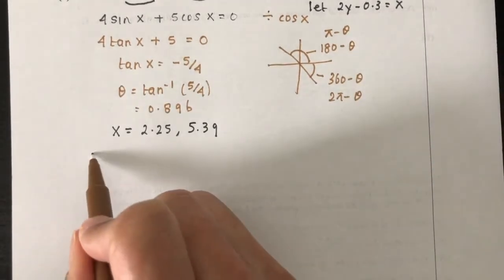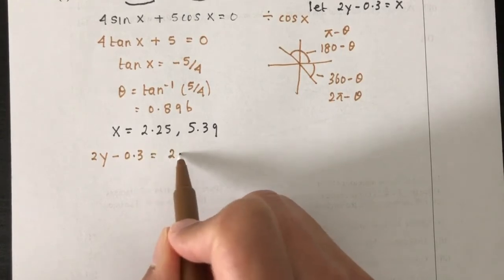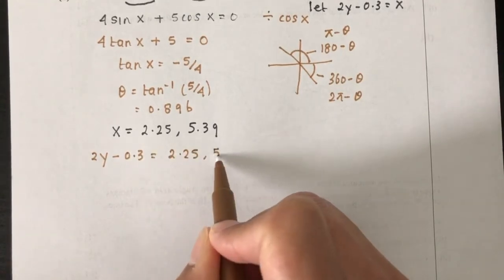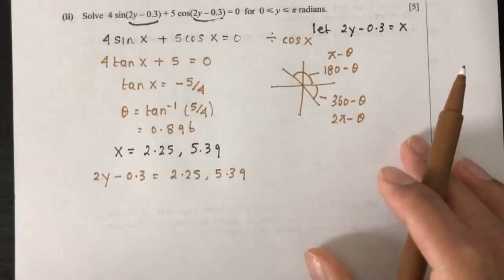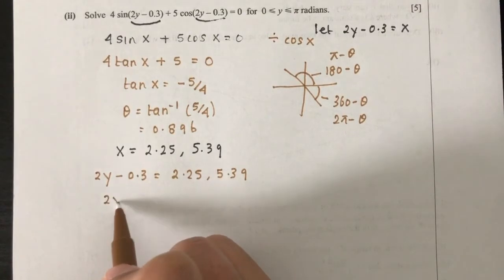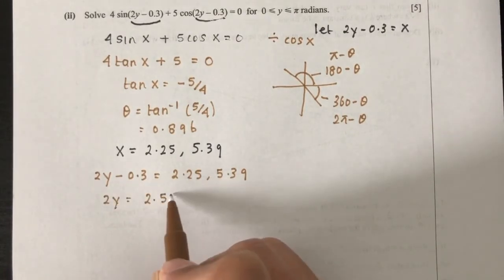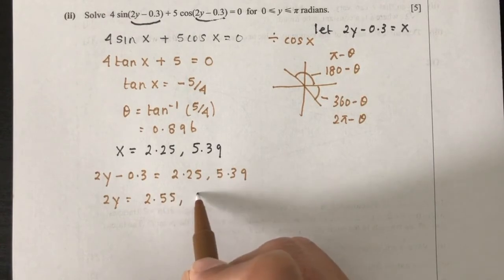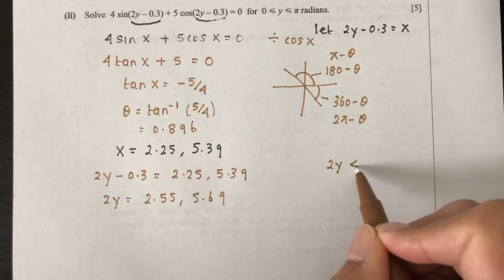So that will be 2y minus 0.3 is equal to 2.25 and 5.39. Now if you go back to the domain given for y, let's make this 2y first. That will become 2.55 and 5.69.